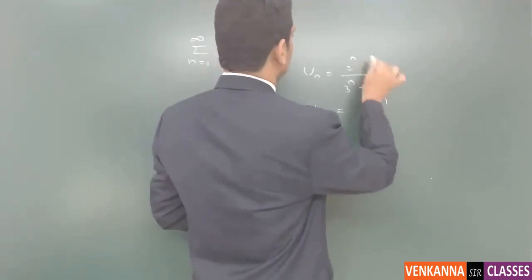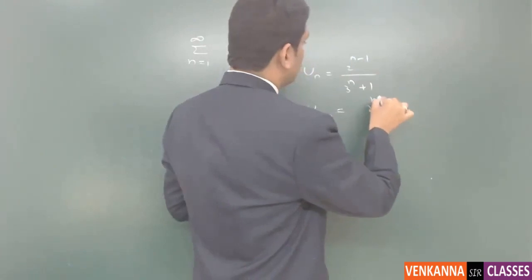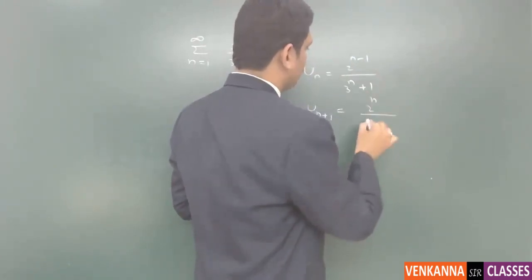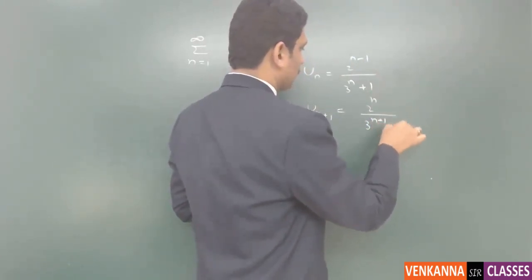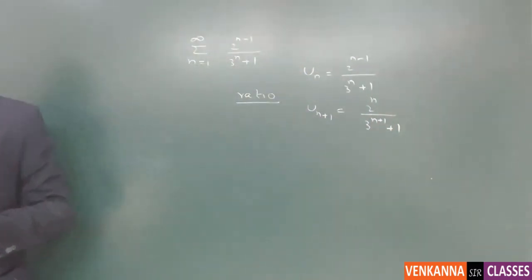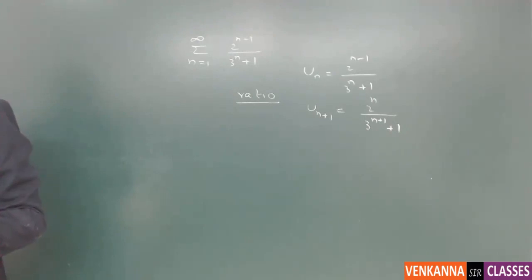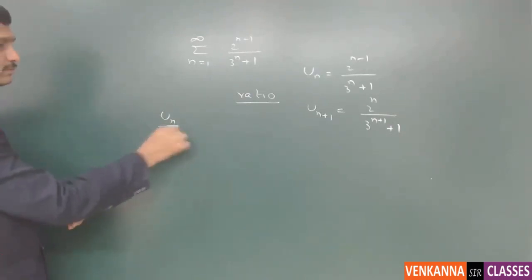Sorry. So 2 power n by, yeah, please check on that. Are the terms correct? So let us calculate un by un plus 1.